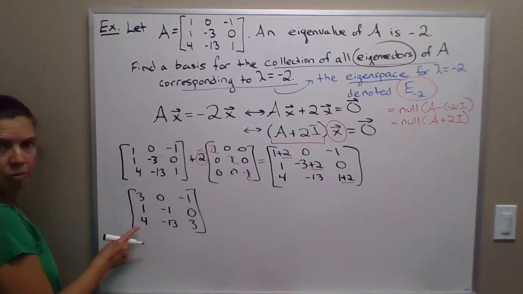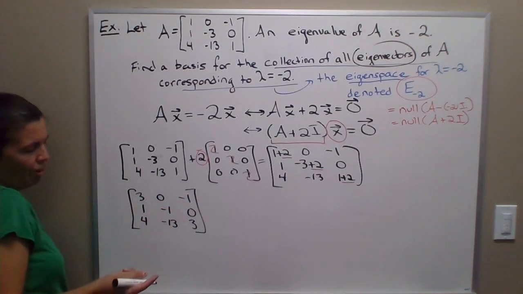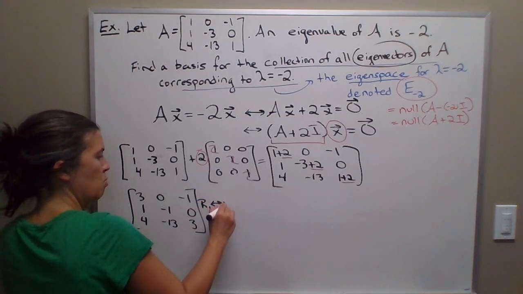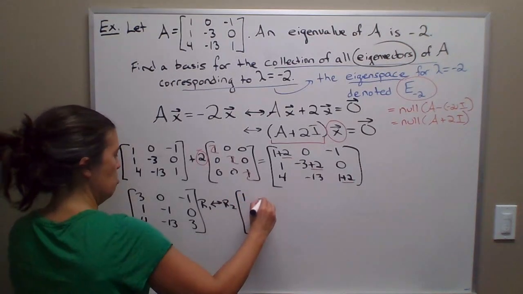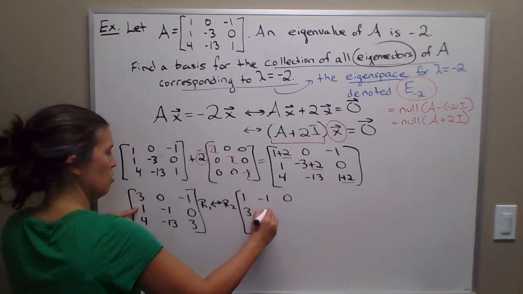All right, so if I'm row reducing this, I don't really want to introduce thirds if I don't have to, so I would probably swap row 1 and row 2. So I'm trying to get this in echelon form, if not reduced echelon form. So I'm swapping these rows first.